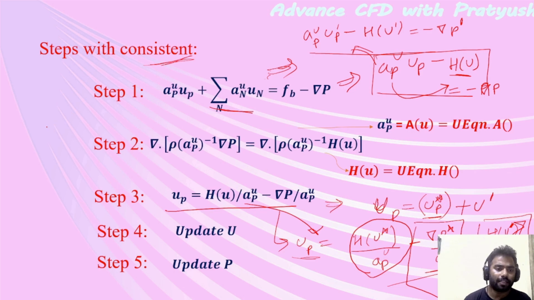Now, what is the relaxation factor? Suppose at iteration 1 we are getting pressure equal to 5, and at iteration 2 we are getting pressure equal to, suppose, 25.